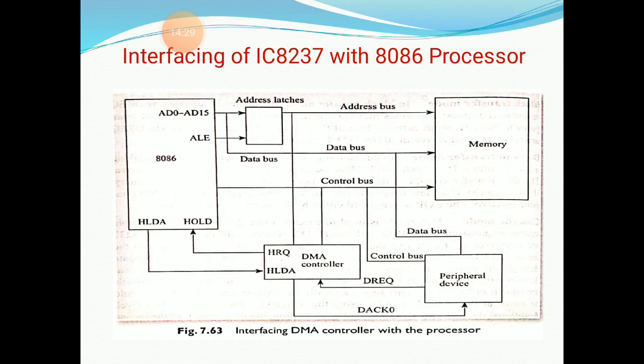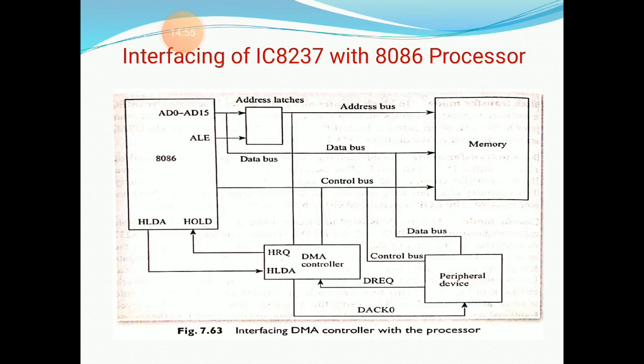Now let us see the interfacing of IC 8237 with the microprocessor. This interfacing consists of the microprocessor, peripheral, memory and DMA controller. Without a DMA controller, the processor can transfer the data between peripheral and memory using its system bus.